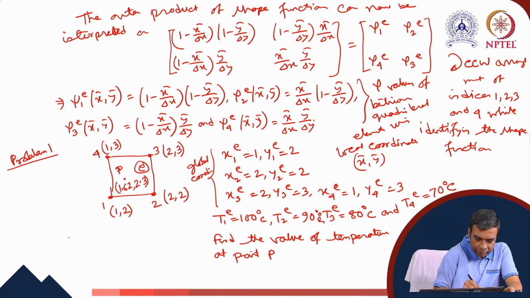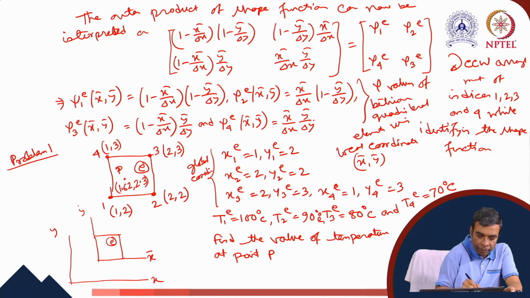So let us first show the global coordinate system. This is the global coordinate system xy, and here we have the element. This is element E. Local coordinate system is shown like x bar, y bar. So this distance is x1e and this height is y1e. Local node 1, local node 2, local node 3, local node 4.